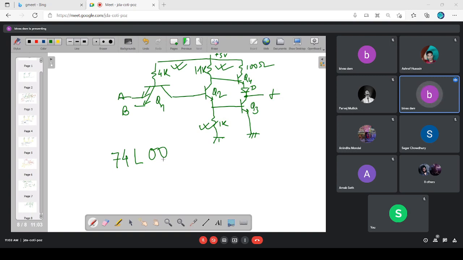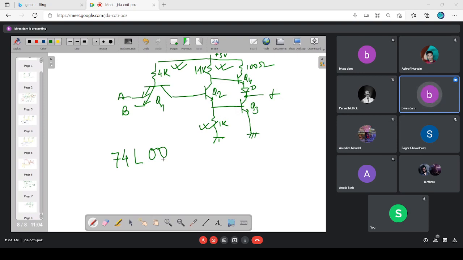Now, if I reduce the resistance values, can you predict any advantage of that? Yeah, that will lead to a reduced propagation delay.